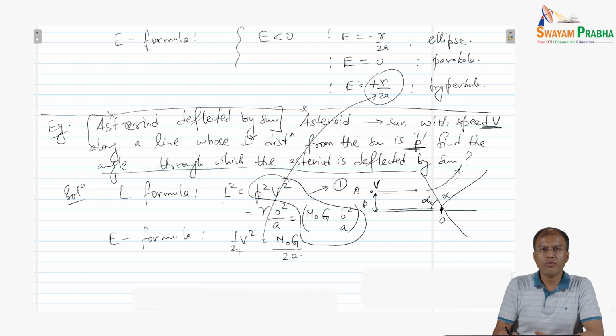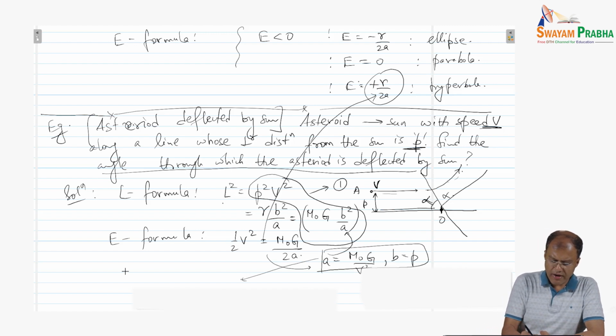Half V square is the kinetic energy. So from here I can find that a is M naught G by V square, and I can plug it here, and I can find that b is coming out to be P, right? So I found a and b.